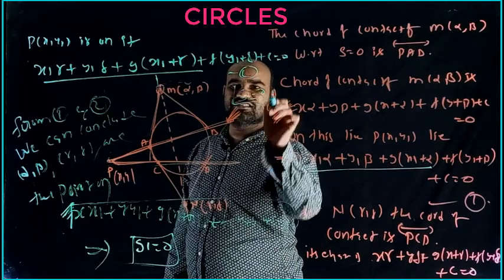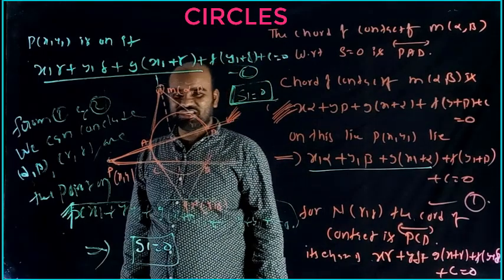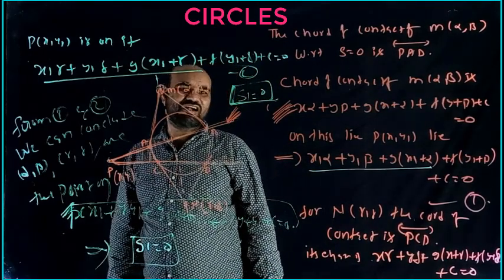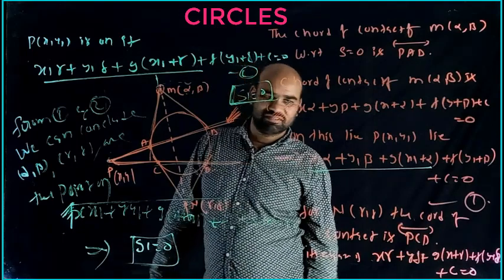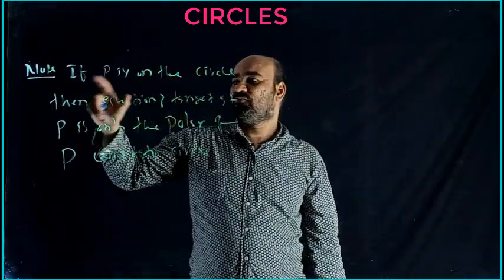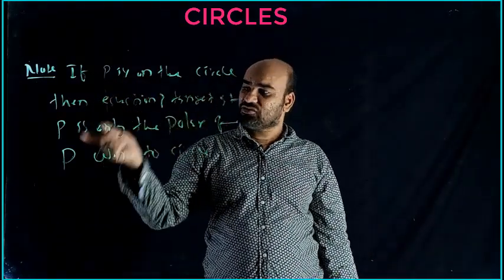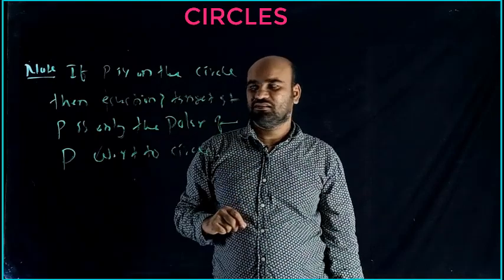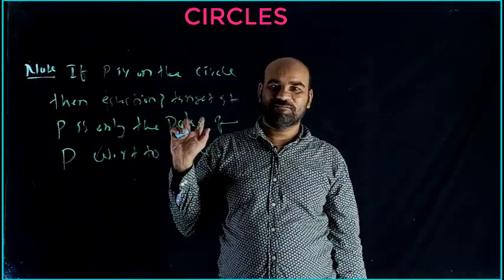So S1 equal to 0. Dangerous equation. Sometimes it is acting just like a tangent, sometimes just like a chord of contact, sometimes just like a polar. Note, already explained: if P is on the circle, then the equation of the tangent at P is only taken as the polar of P with respect to the circle.